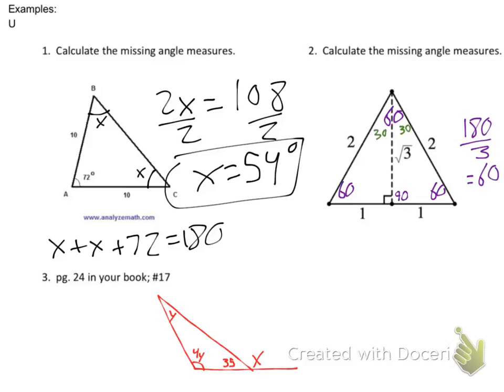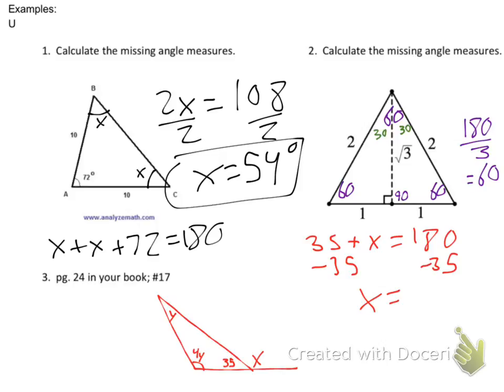Because it's on a straight angle. Straight angles are how many degrees? 180. So that means that 35 plus x is equal to 180. Subtract 35. So x is equal to what?